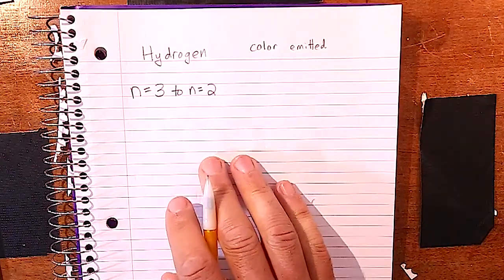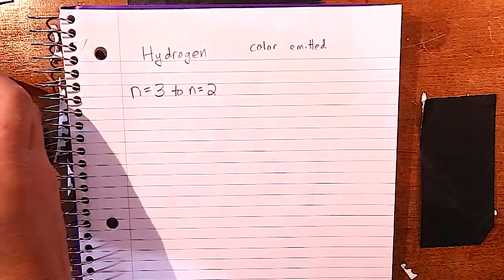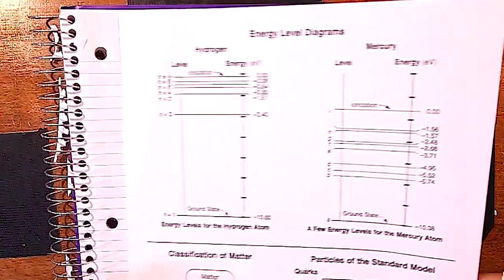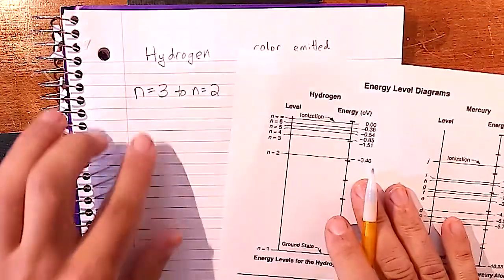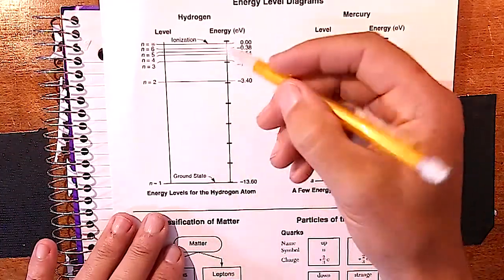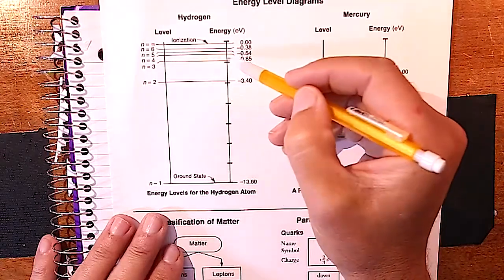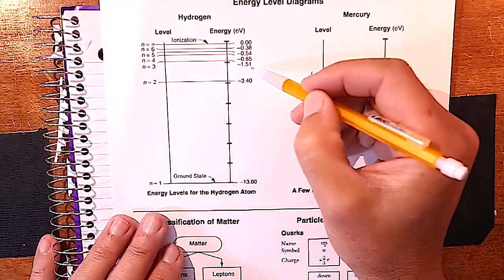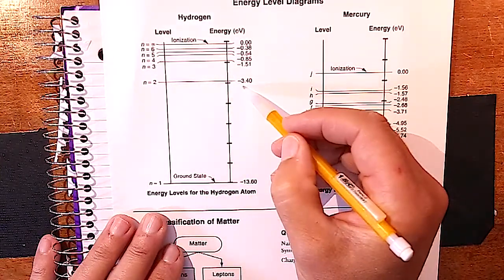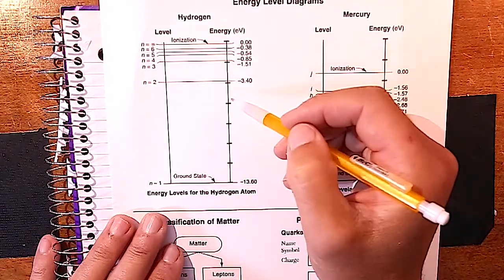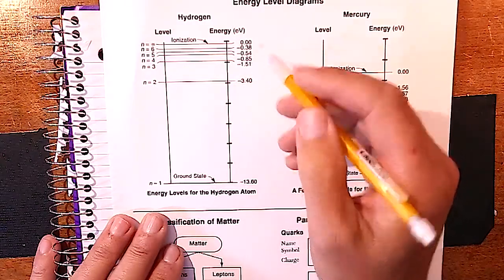So what we need is the chart for hydrogen in the energy level diagram. That looks like this. Now, we're jumping from 3 to 2. So we're going to go from 3, which is negative 1.51, to n equals 2, which is negative 3.4. Ignore your minus signs. We're just finding the difference.